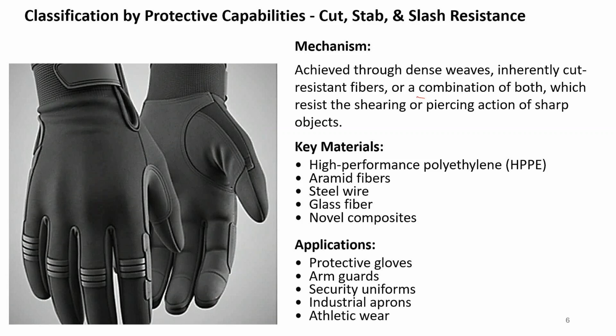And the applications of these cut, slash, stab resistant textiles are protective gloves, very commonly used, arm guards, security uniforms for slash and stab resistance, and industrial aprons to prevent accidental injury, and athletic wear in different types of athletics where we may face some sharp object, like fencing.